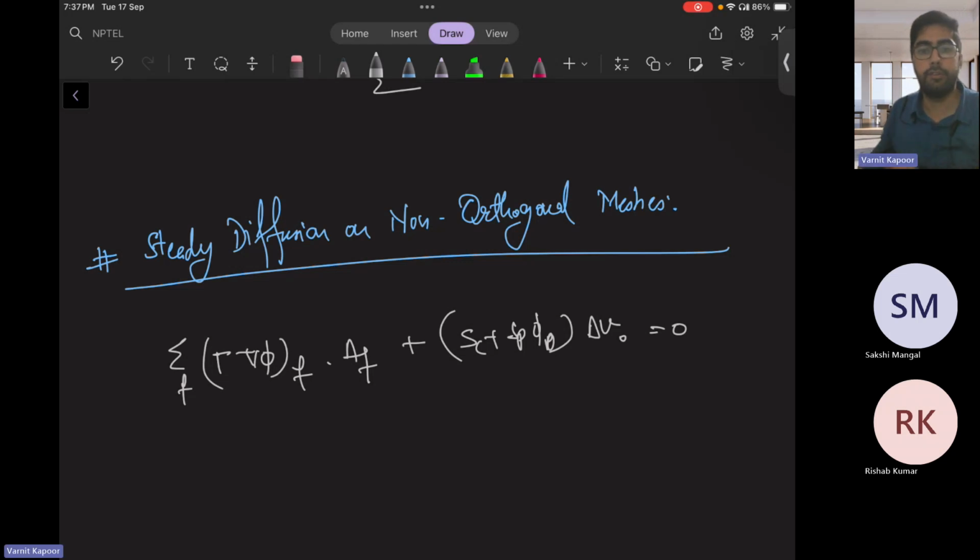Okay. Now we are working with a diffusion flux term. AF has some quantity that has phi zeta, that is the gradient in the zeta direction, plus some other quantities with eta.